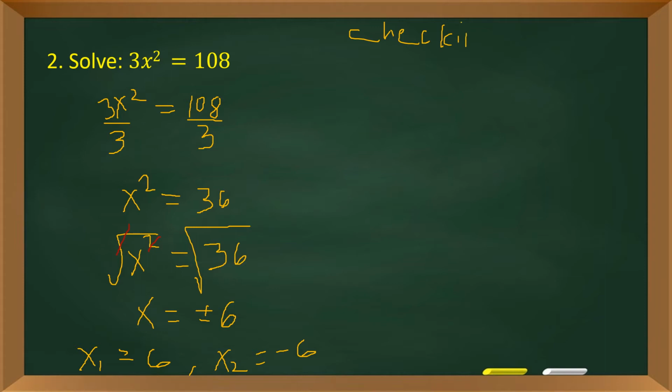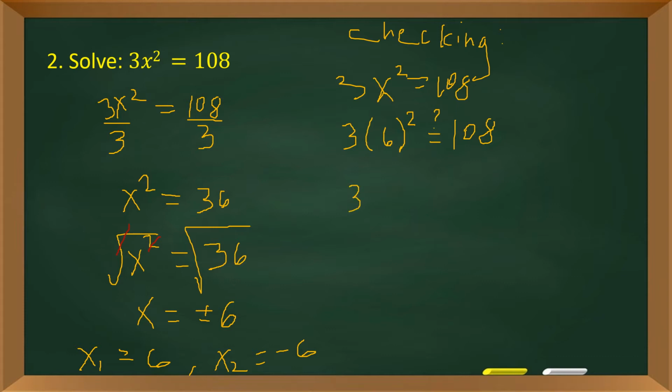So we have to do the checking. So 3x squared is equal to 108 ang ating original equation. So by substitution, 3 and our first value of x is 6. So 3 times 6 squared is equal to 108. But we have to put question mark here because we are not sure yet.